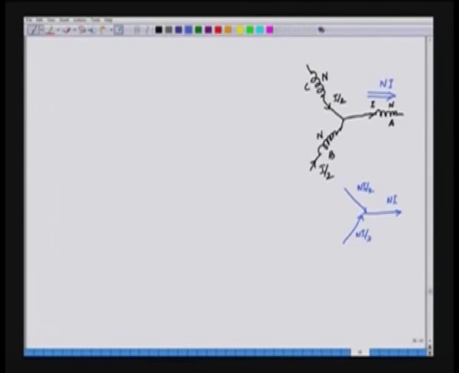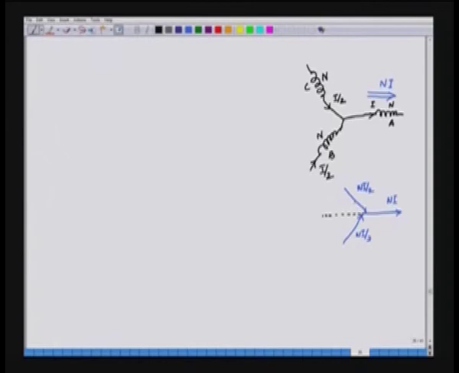So, we have excited 3 windings right now, where one winding is carrying current I, and the other windings are carrying I by 2 and I by 2, and hence the total MMF in this case can be calculated.